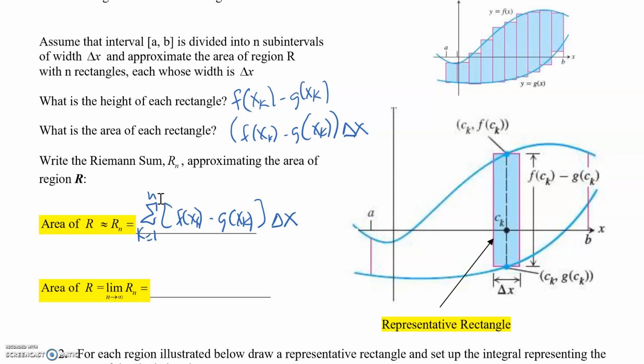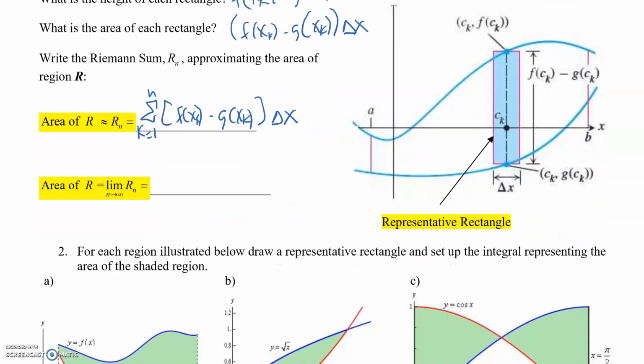And the actual area, notice that we have an approximation sign turned into an equal sign, is going to be the limit of this sum as the number of rectangles approaches infinity. And according to Isaac Barrow, that is going to be equal to the definite integral of the quantity f of x minus g of x dx.